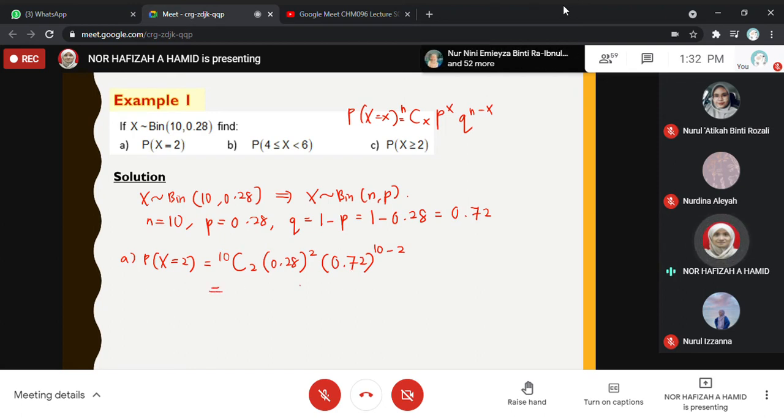This can be calculated using a calculator, and the answer is 0.2548. So this is the answer for A.